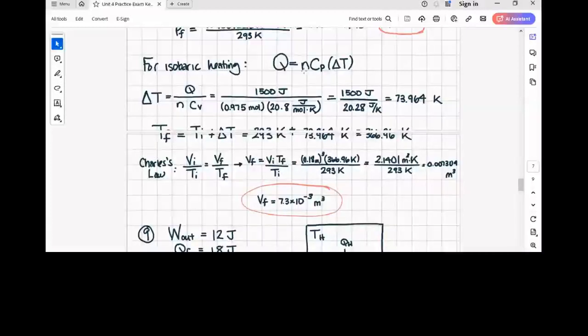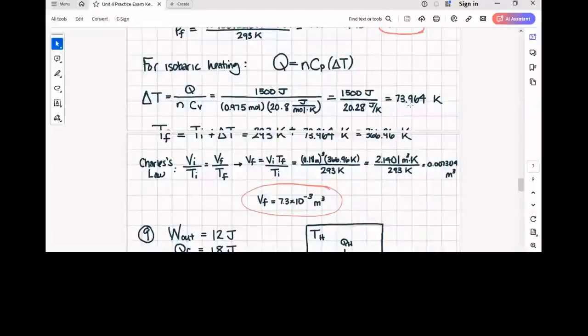This heat is going to be equal to the number of moles times the molar specific heat for constant pressure times delta T. And again, we have a delta T that is going to be positive because we're adding heat to the gas. It's not necessarily immediately obvious what the sign of the work would be, but if you think about what this process would look like on a PV diagram, there's a pretty big hint.